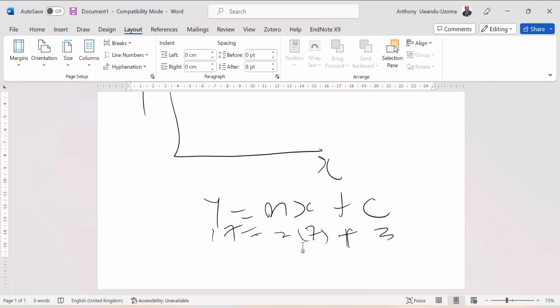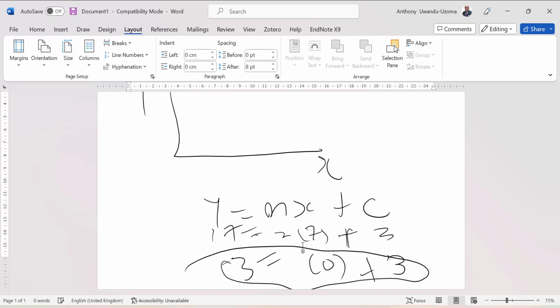So the reference category will just mean that the x value is 0, and then you have only 3. So y is equal to 3. So it means that the variables in the research have not been manipulated yet. The research has not yet begun. So the default value will be equal to that of the intercept. All right. So that is the meaning of reference category.